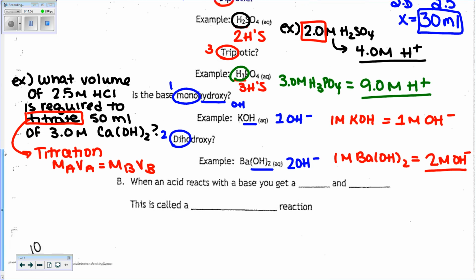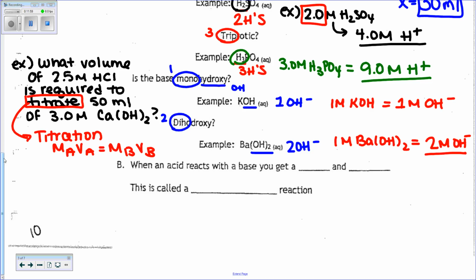I know 2.5 molar is of your HCl, so that's your molarity of acid. Your molarity of acid is 2.5 molar. I know that because I just have one H. I don't know my volume. They're asking me to solve for it. So VA equals question mark.